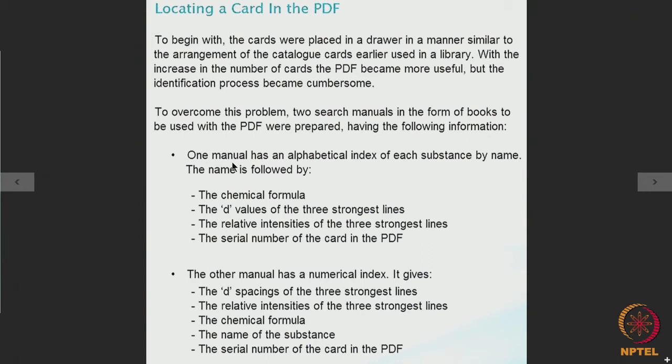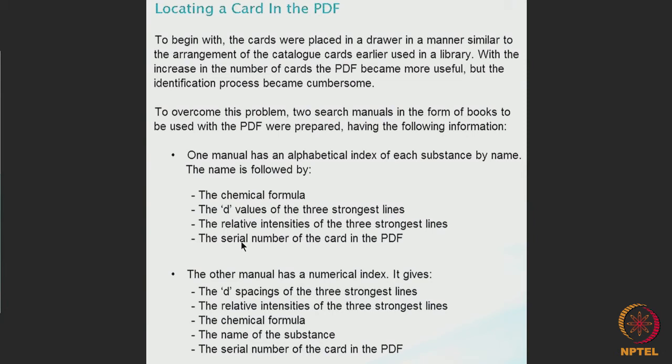One manual has an alphabetic index of each substance by name. This name is followed by the chemical formula of the substance, the D values of the three strongest lines, the relative intensities of the three strongest lines, and the serial number of the card in the powder diffraction file.